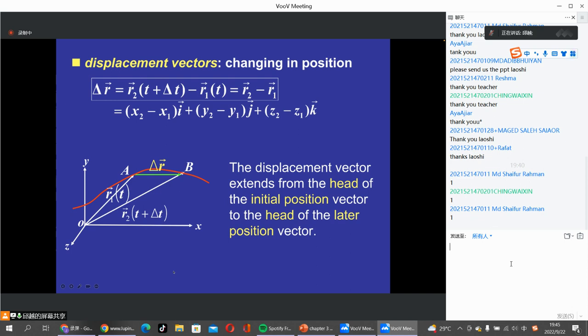The displacement vector extends from the head of the initial point position vector to the head of the later position vector.